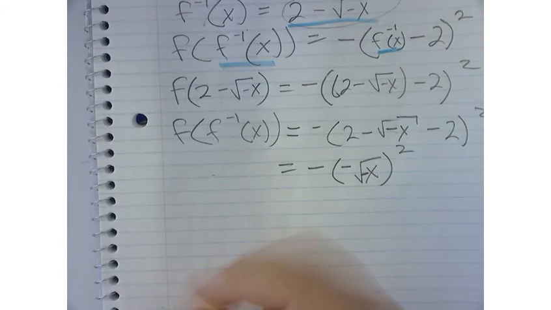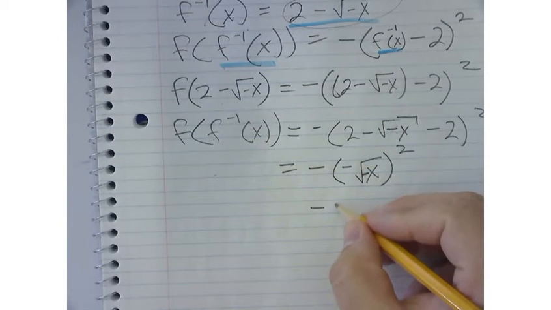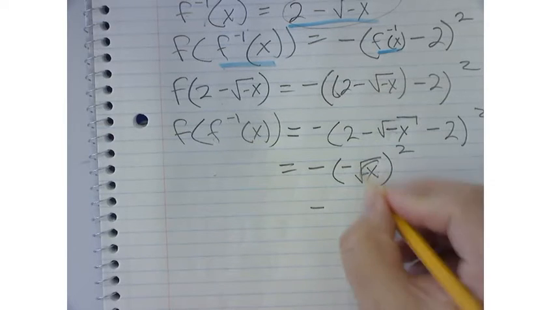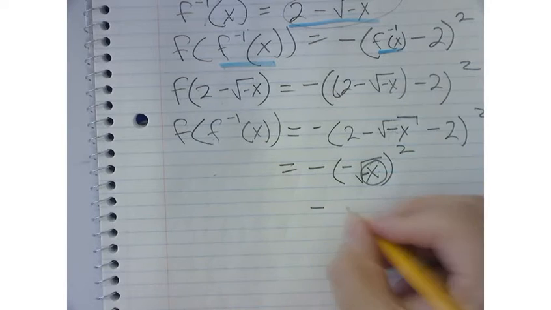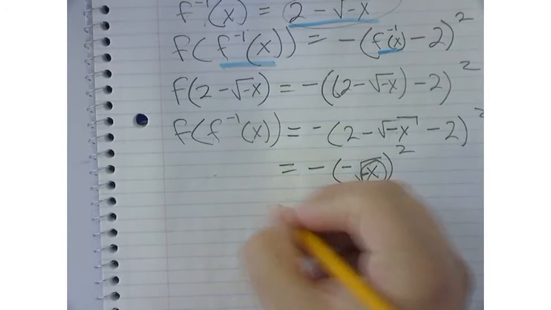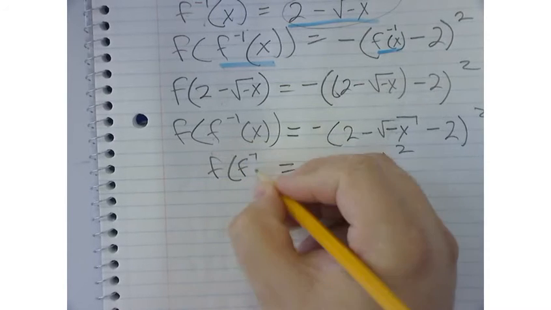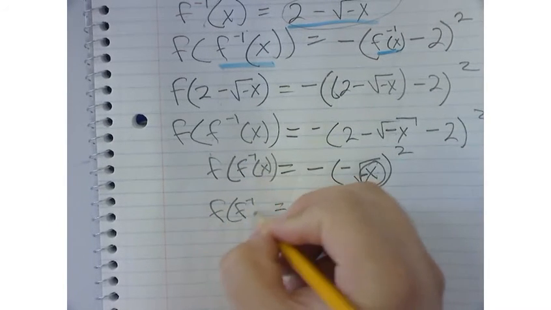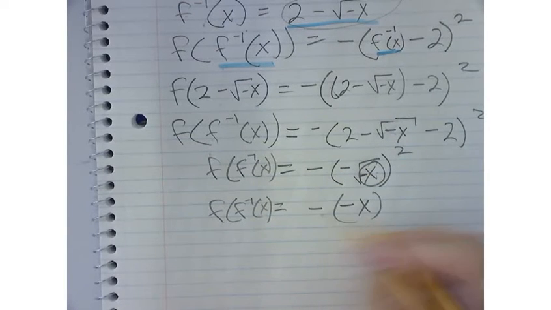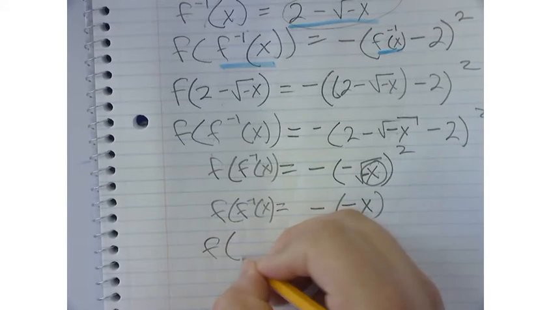Because if this is squared, then it really ends up becoming negative x, right? When you square a square root, you get the base. So you get negative x. You guys threw me off for a second there. So f of f inverse of x will be the negative times negative x, which is x.